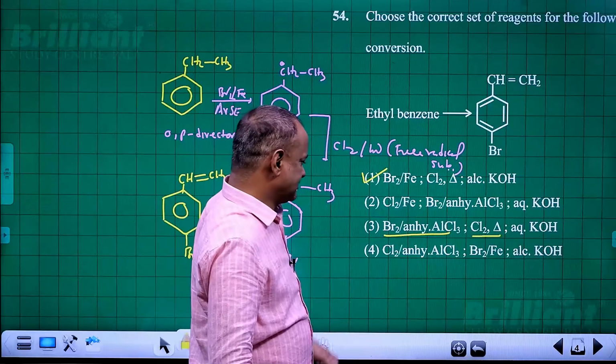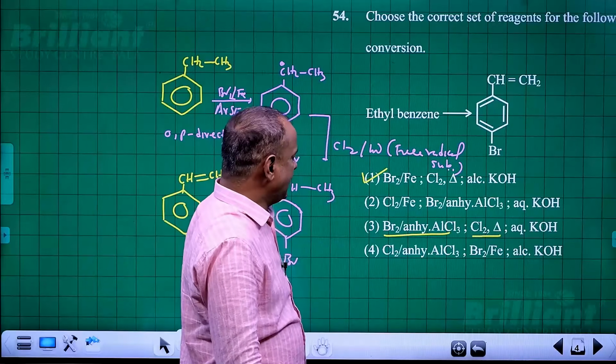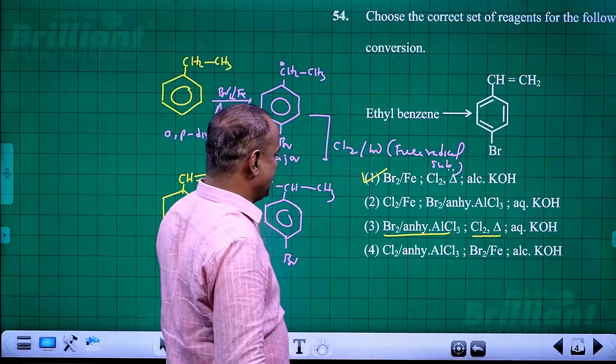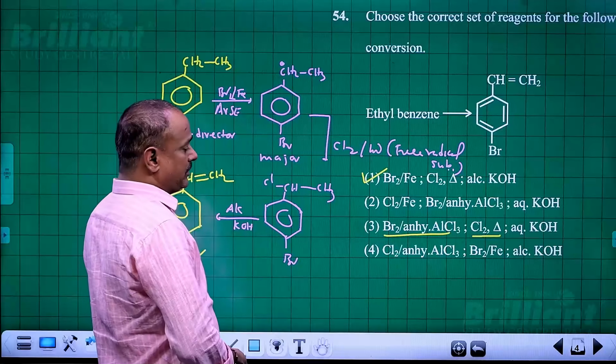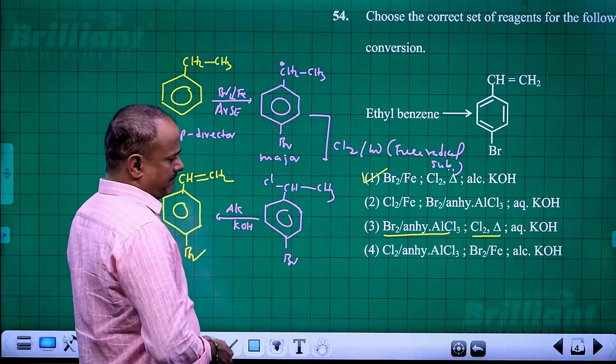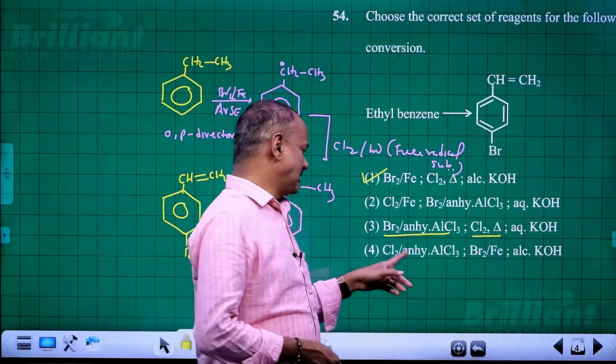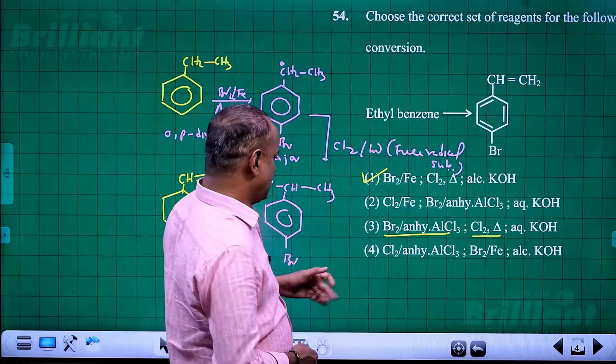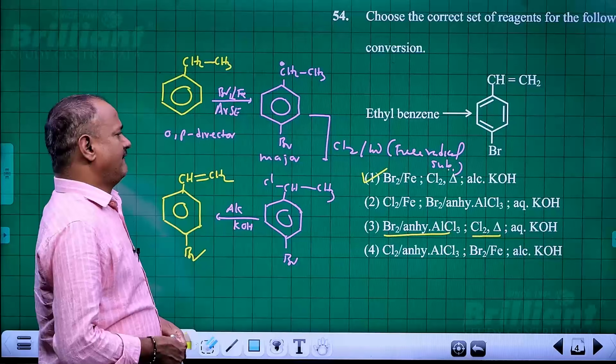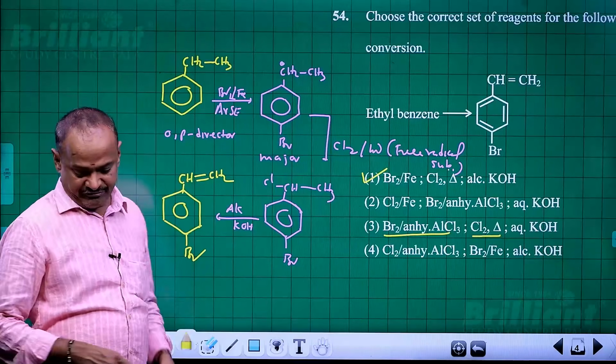And check the last option, chlorine anhydrous AlCl3 is correct for chlorination mechanism-wise, but not the element. We want the element bromine, this gives the element chlorine, that's why the last one is not correct. Only first one correct. Option 1.